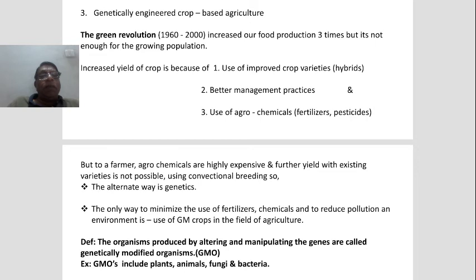This agrochemical based agriculture is highly expensive to the farmer, and also it is responsible for the pollution because of excessive use of pesticides, excessive use of fertilizers. Water gets polluted, the soil gets polluted.